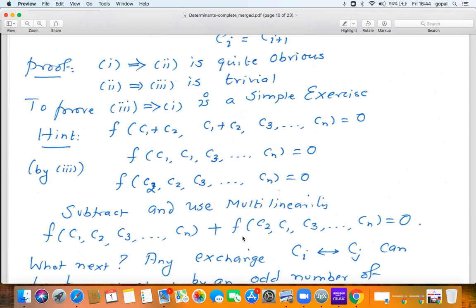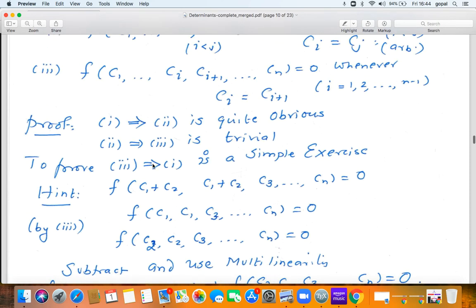Now you'll agree with me that this game can be played with the second and the third column, the third and the fourth column, the fourth and the fifth column, etc. So you will agree with me that hypothesis 3 enables us to prove that swapping two adjacent columns causes a sign reversal in the value of the function.